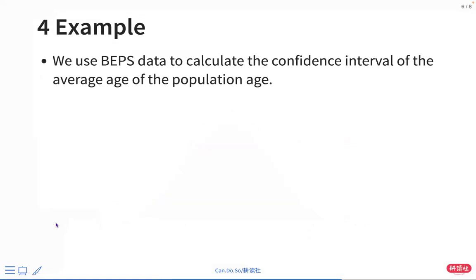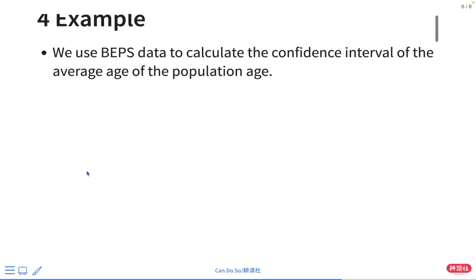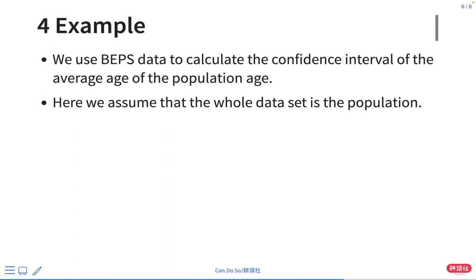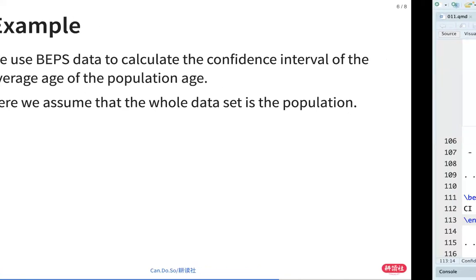So now we use an example to actually calculate a confidence interval. We use the BEPS data to calculate it. Here, we assume that the whole dataset is the population, which means the 1,525 entries are the population.